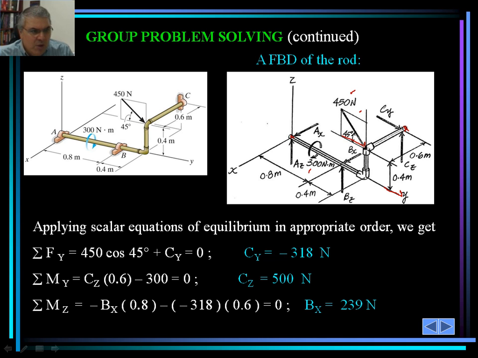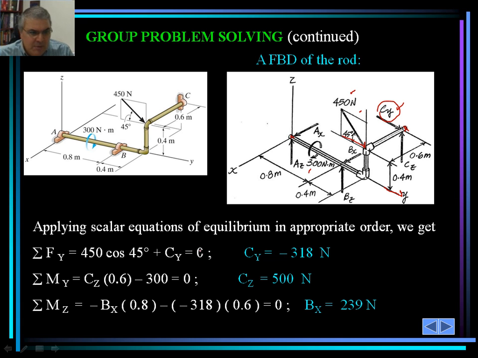This is the y component in that direction. We also have C sub y in that direction. So we need to set up the equation with two of these unknowns, the y component of the 450 Newton and the C sub y, and no other forces or moments would be involved in that equation. That would really simplify the problem.